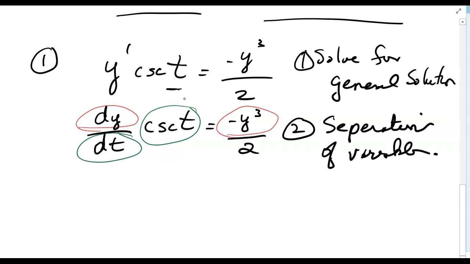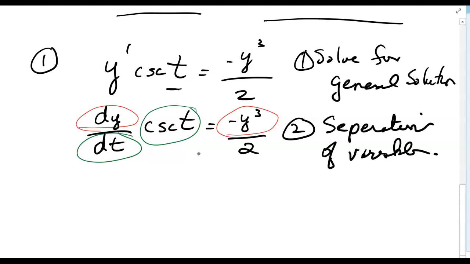But we need to be careful when we do this. I really can't just divide by dy, because my dy and my dt are going to be part of an integral that we have to integrate to go back to solving it. I need to keep them not in a denominator, for lack of a better term.